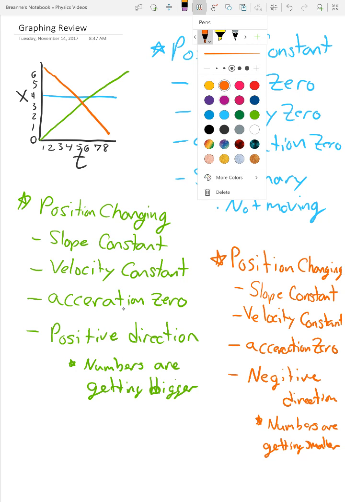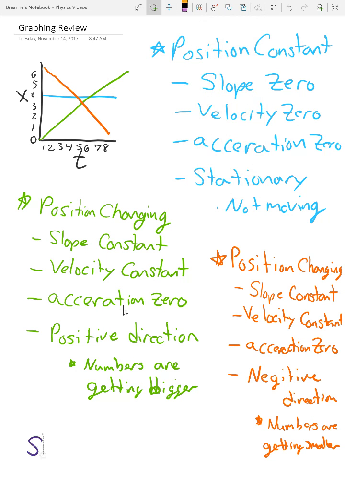Now, we keep throwing in slope and stuff like that, but what is our slope equation? So we know slope is rise over run. In this case, rise over run would be your change in y over change in x. What's connected to our y-axis? It's our position.